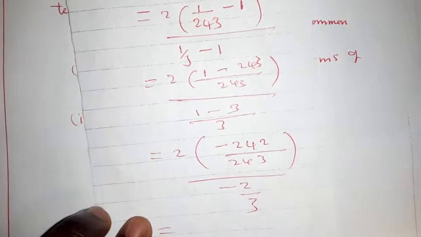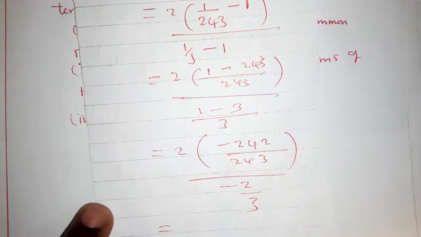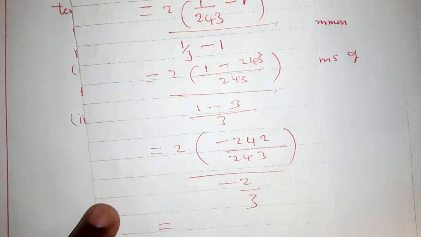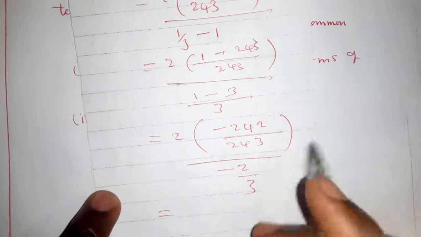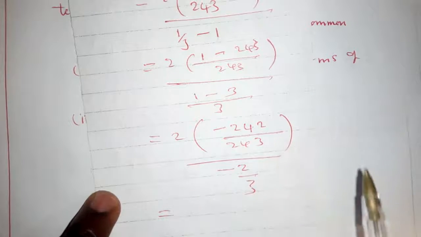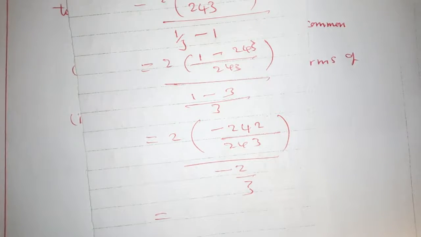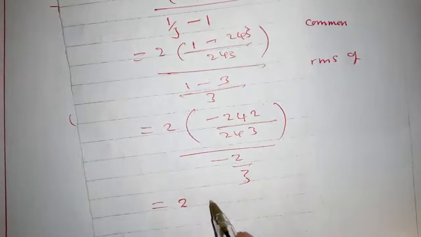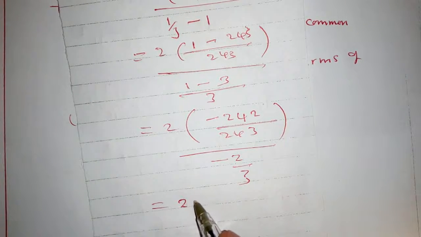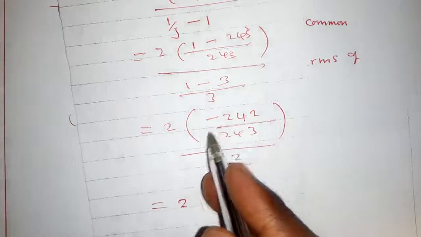If we solve nicely, we do our work the way it's supposed to be done. We flip this one, so it will look like this. It will be 2 multiplied by what is here on top.